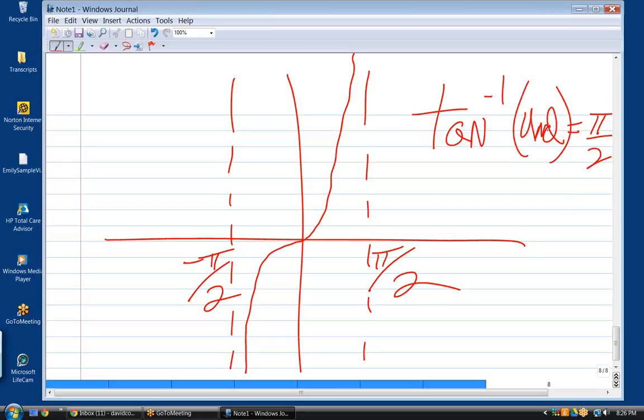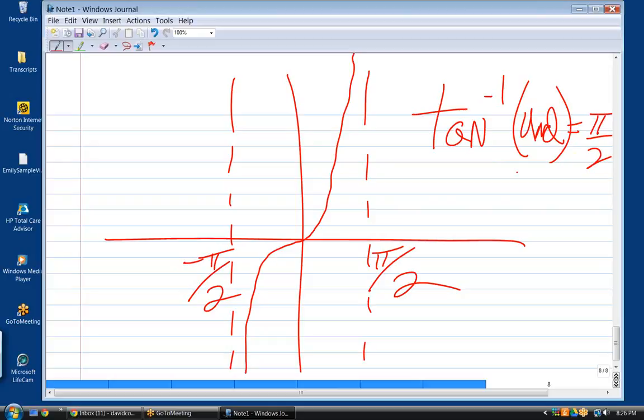But the undefined is division by 0. I always thought that was rather interesting because this is the first time in math where you're allowed to divide by 0. And it's only when you're taking inverse tan, inverse secant, inverse cosecant, inverse cotan would all have an angle associated with where they were undefined.